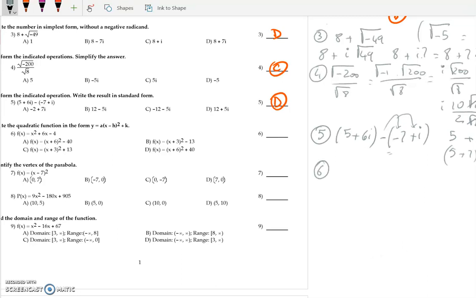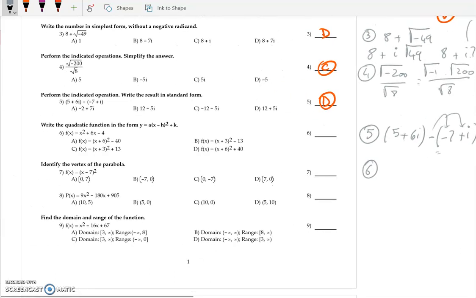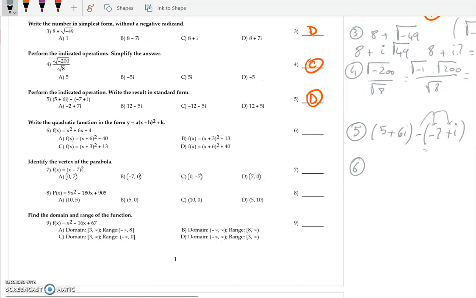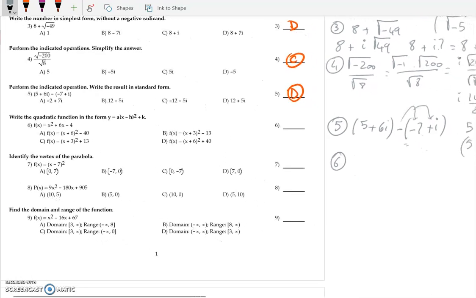On problem number 6, it's all about writing the quadratic function in the form y equals a times (x minus h) squared plus k.